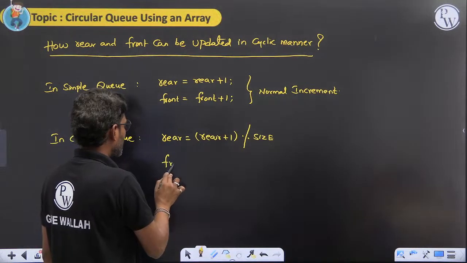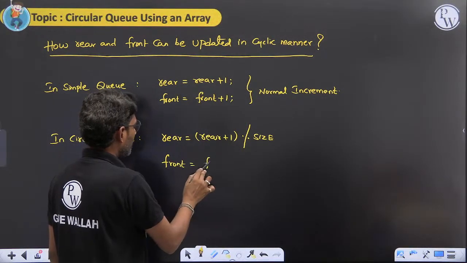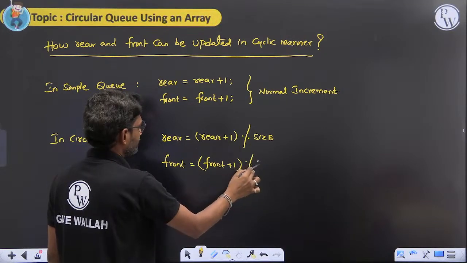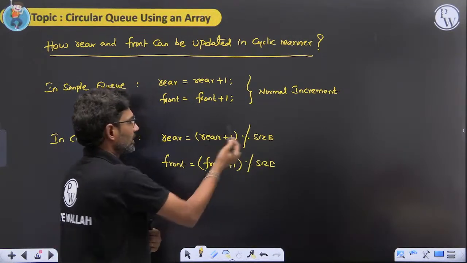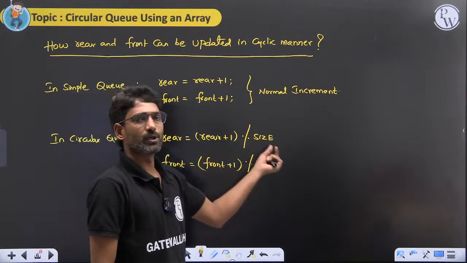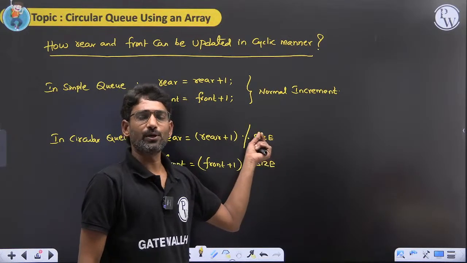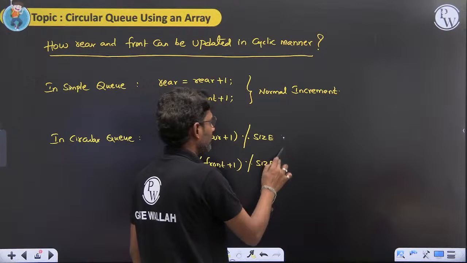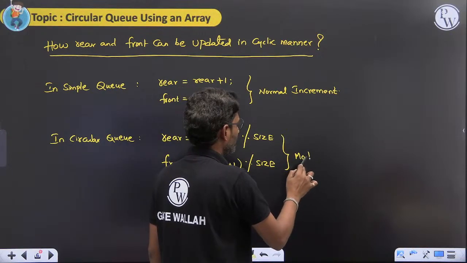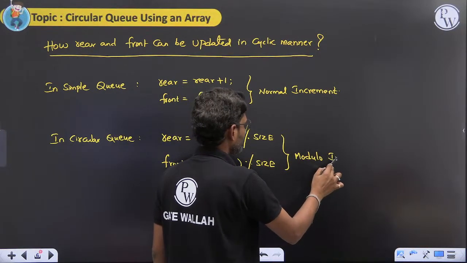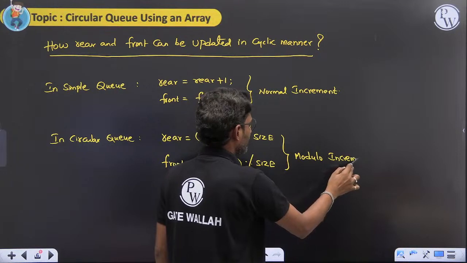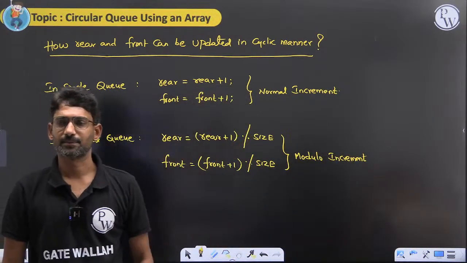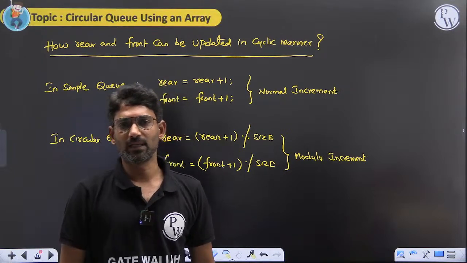Similarly, front is equal to front plus 1 modulus size. Means once you increment, you should apply the modulus operation with the size. This is what we call modulo increment: increment and apply modulus with the maximum size. Yes, Nishu, you are correct.